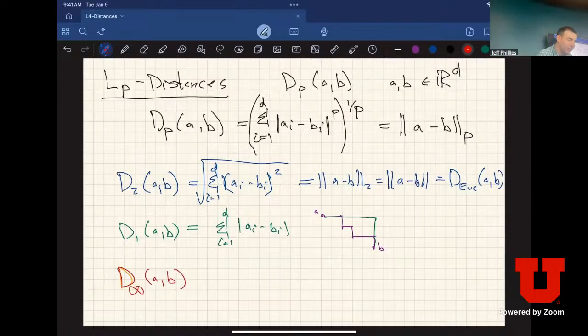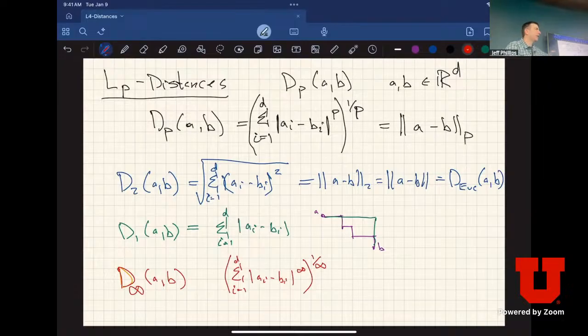What's going to happen? Let me write this out first: a minus b to infinity. Let me write infinity first here, and then you can kind of puzzle at it, and then I'll change it to p. 1 over infinity. Yeah, so this is kind of weird.